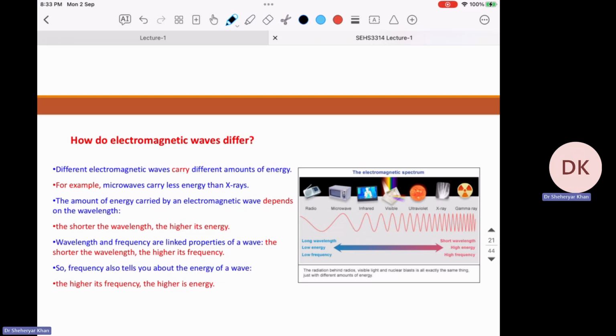So that's how we can actually produce the EM waves, right? So this is the example of electrodynamics, right? So we move towards our next part.